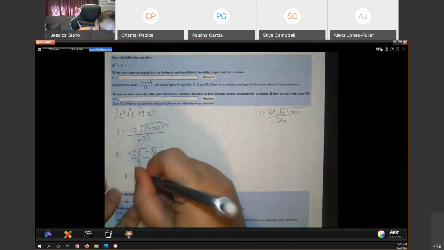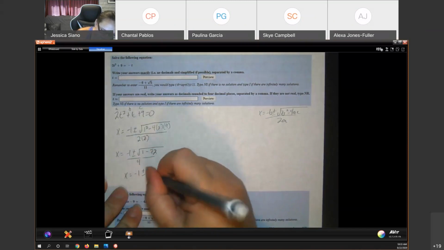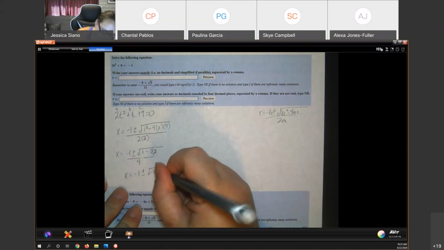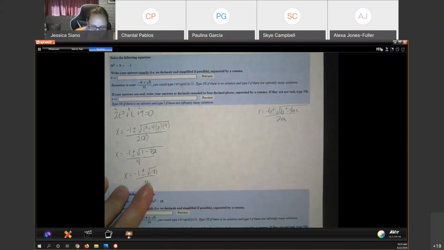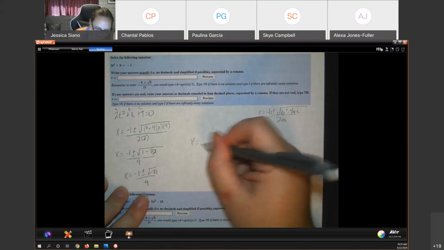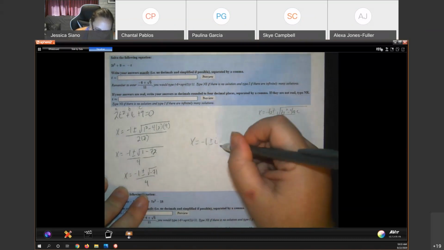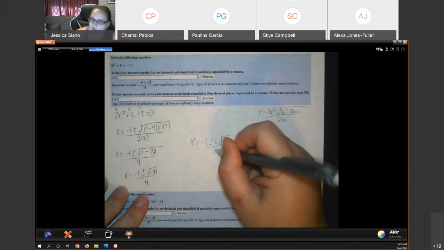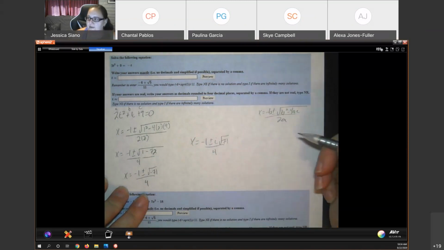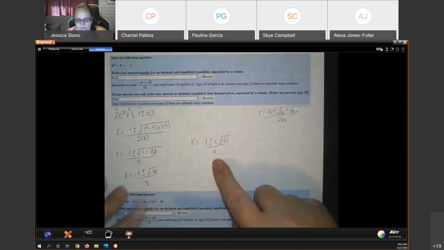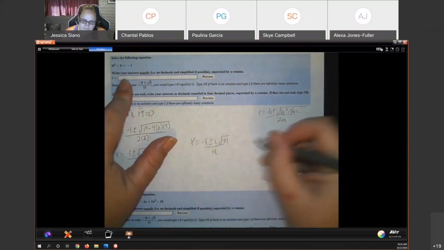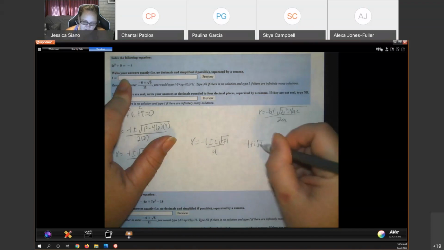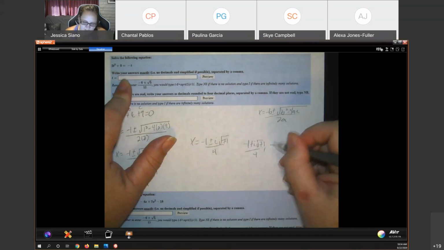X equals -1 plus or minus the square root of -71 over 4. And remember, we can't leave that negative under a radical, so it would be -1 plus or minus i rad 71 over 4. And now, when you put it in here, they have to be separated by a comma. So you would do -1 plus i rad 71 over 4, -1 minus i rad 71 over 4, like that.